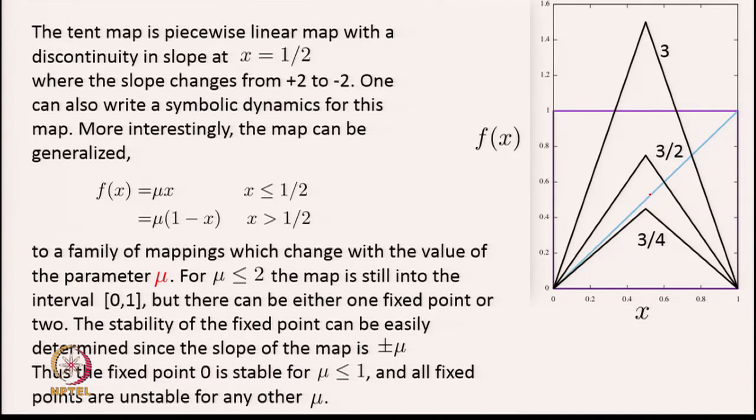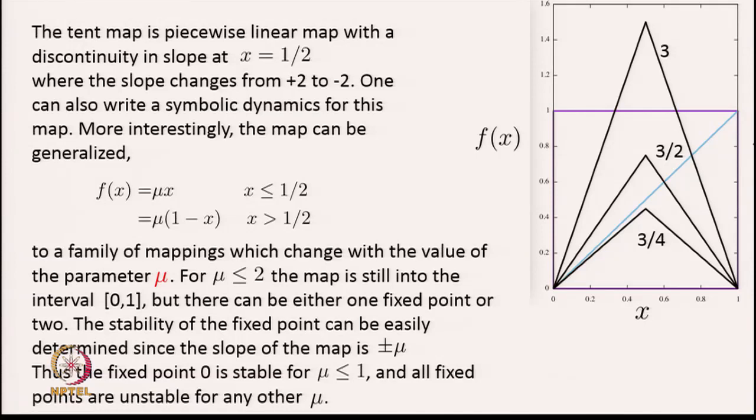So, when mu is 3, I find that the map goes up to the point 1.5, that is 3 by 2, and the tent map escapes from the square.